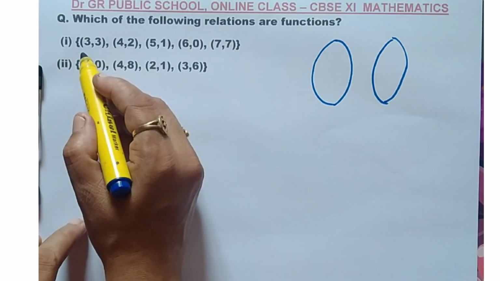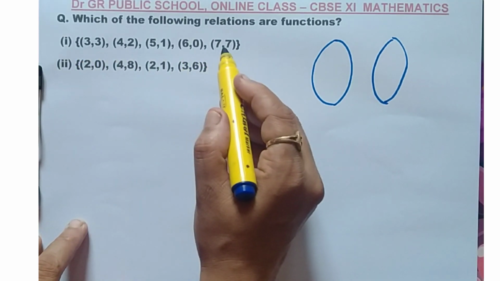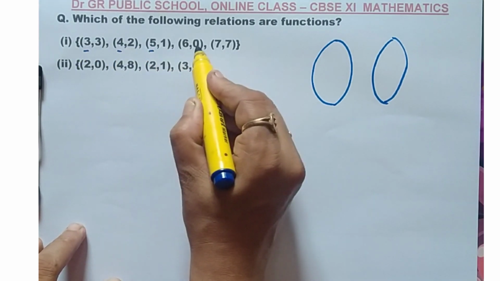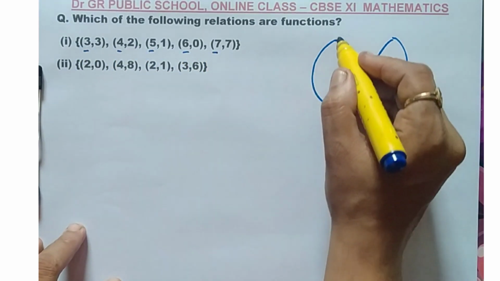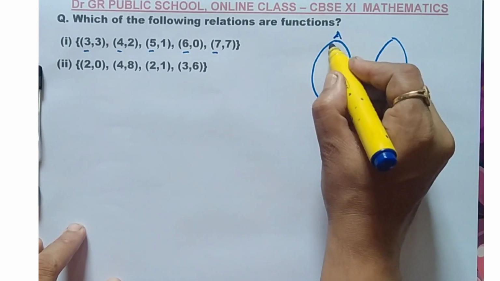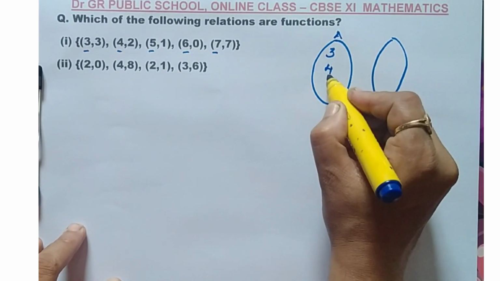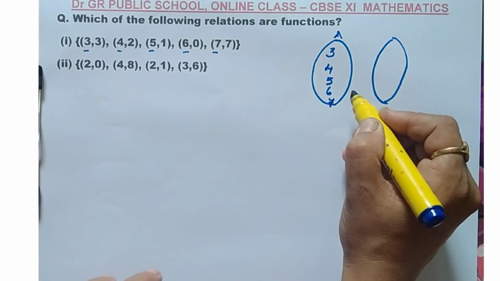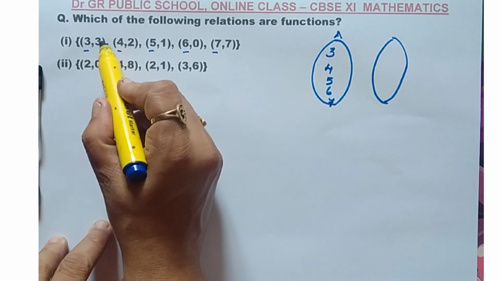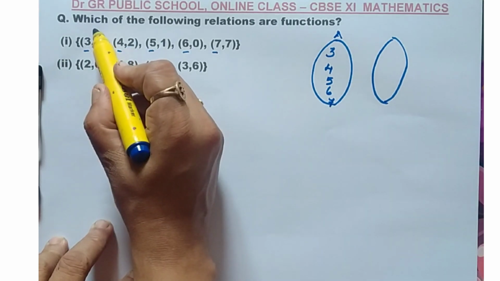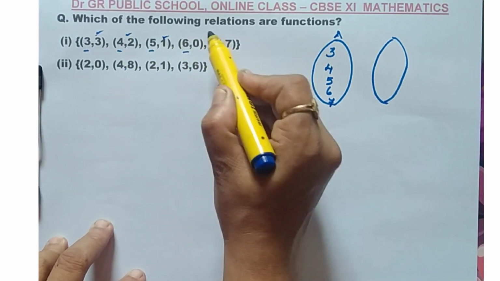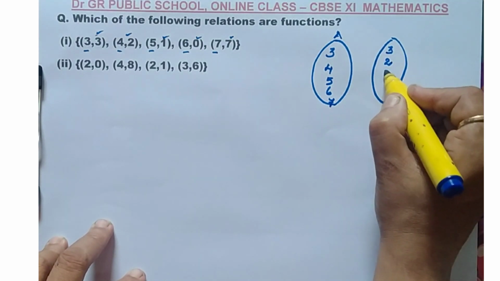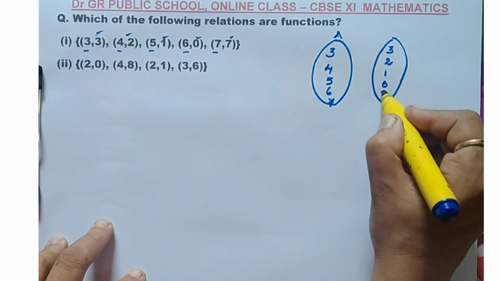In the first question, from the relation you know that the first element in each ordered pair comes from the set A. So the set A can be marked with the elements 3, 4, 5, 6 and 7. And the second elements can be marked as 3, 2, 1, 0 and 7.